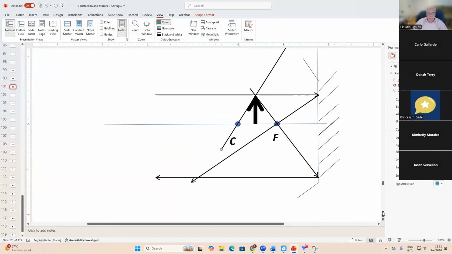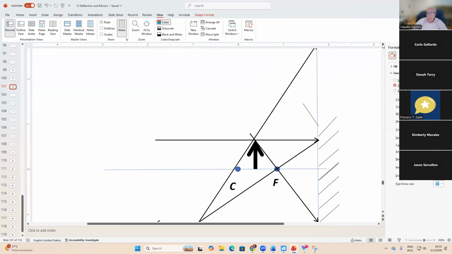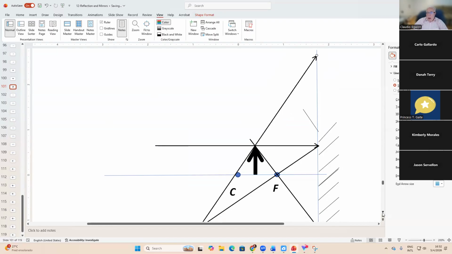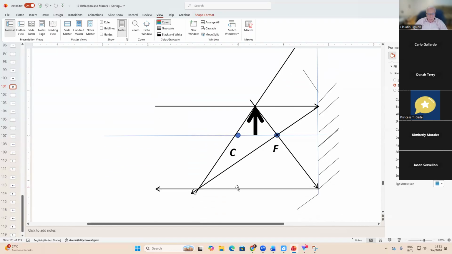And if I do everything right, this arrow is going to intersect right in here. That's the surface of the mirror that I extended all the way down there. And we must have a double arrow here.